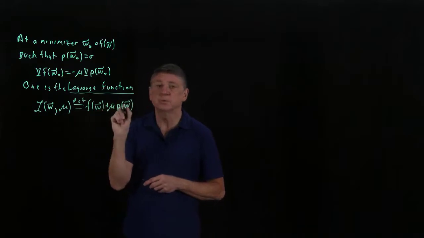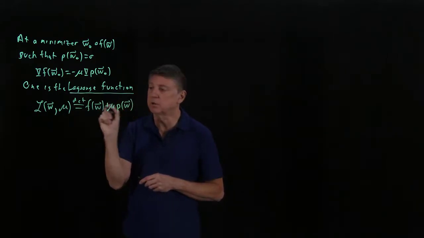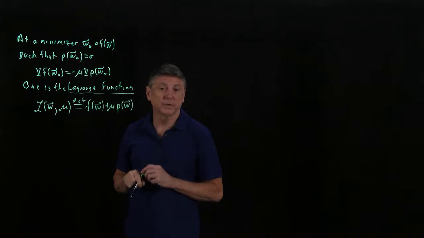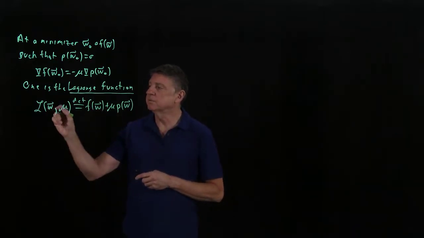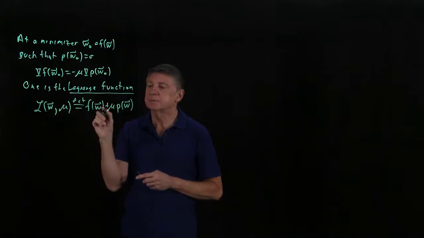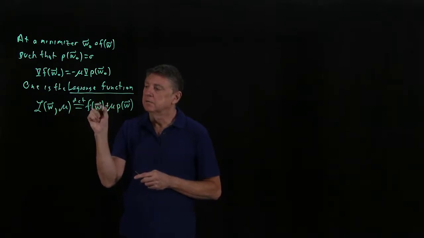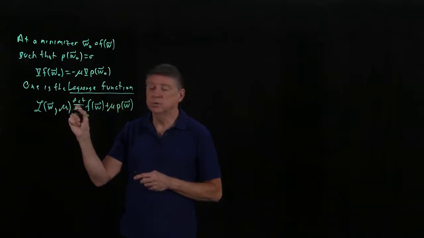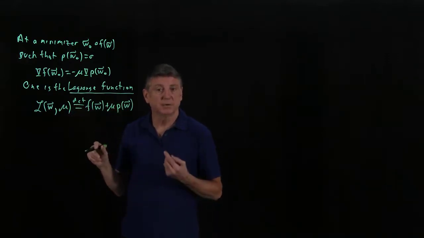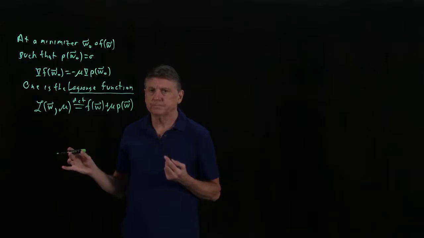These are both evaluated at the same point in the n-dimensional vector space. We define the Lagrange function as simply the objective plus some scalar multiple. Now, we don't know what that is, so in general we're going to have to solve for it.